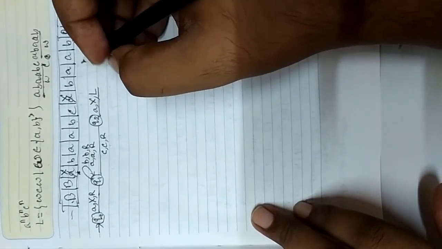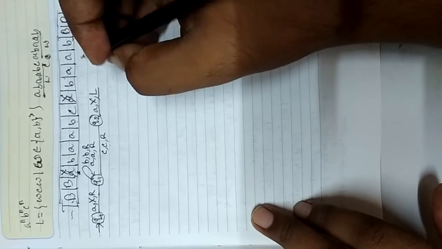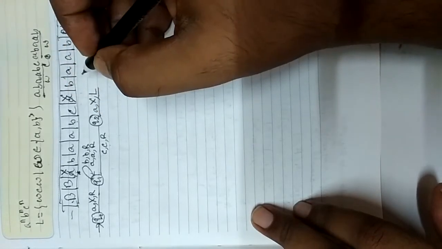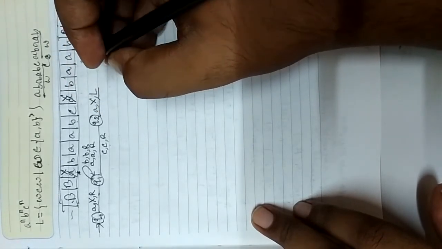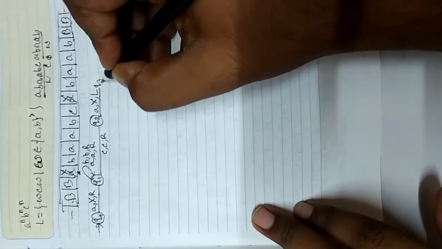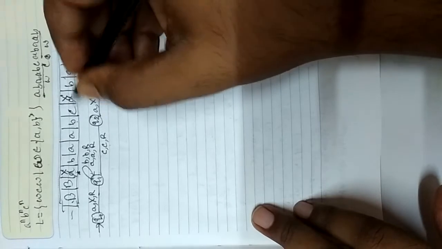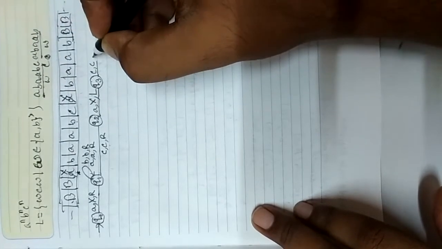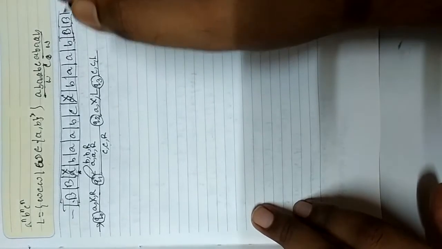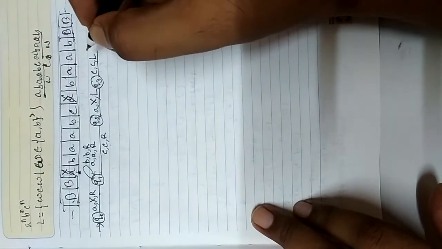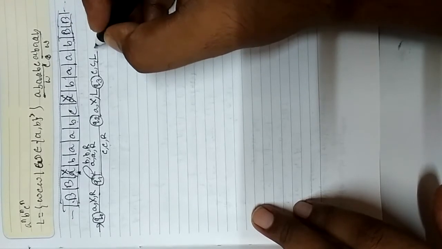After moving towards left, it will encounter C, so it will replace C by C, move left, and go to Q4.